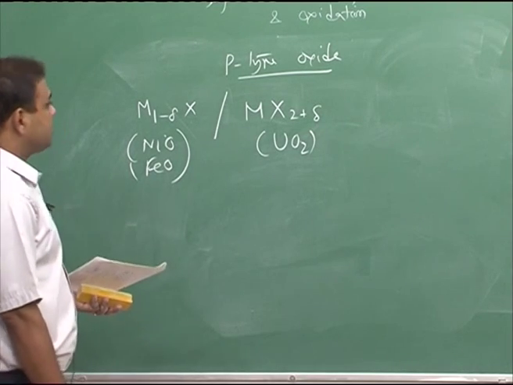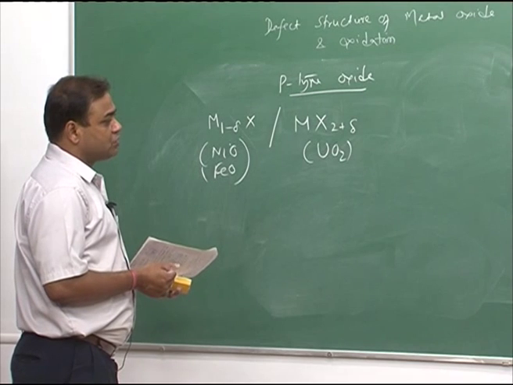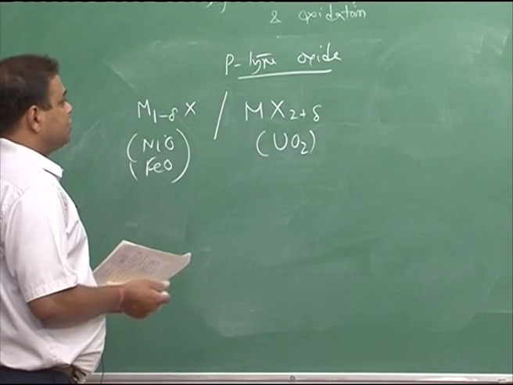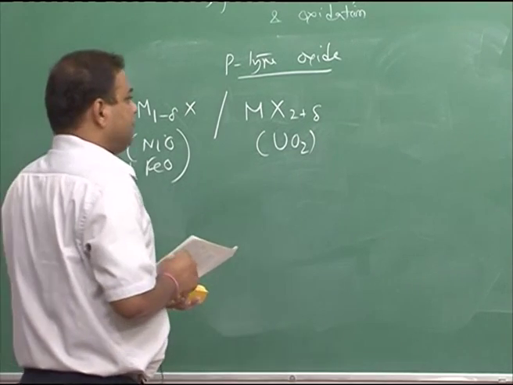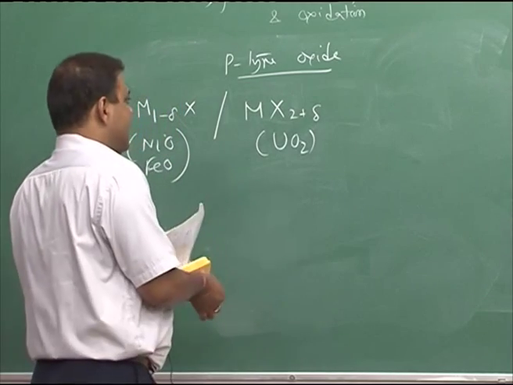In this case the charge carrier is hole, electron hole, and the diffusion is happening through the movement of metal ion vacancy. So, how does it happen?